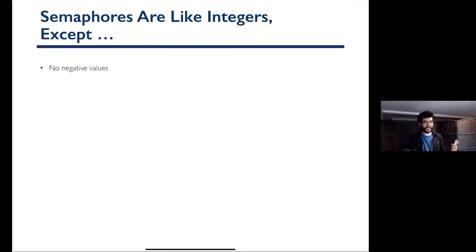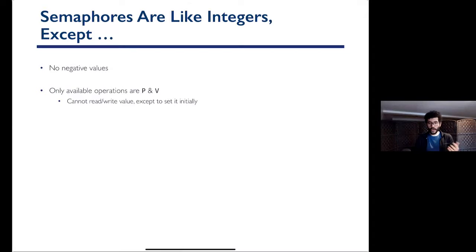So they don't have any negative value. So that's first. They're like integers, but they don't have any negative value. The only two operations that are allowed on semaphores are P and V. So you cannot check the value of a semaphore. If you have a semaphore, let's say S, you cannot say if S equals 2, then do something, because you cannot see the value of S. It's not allowed.